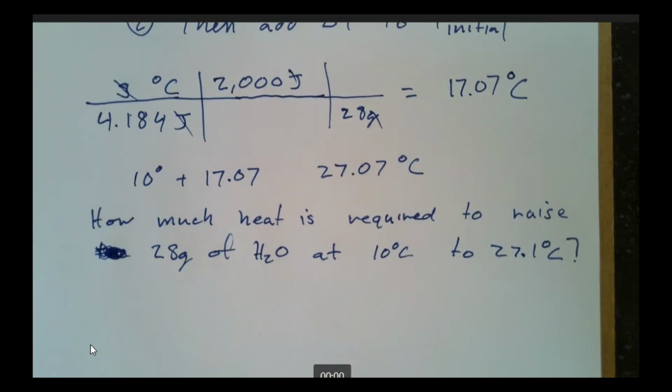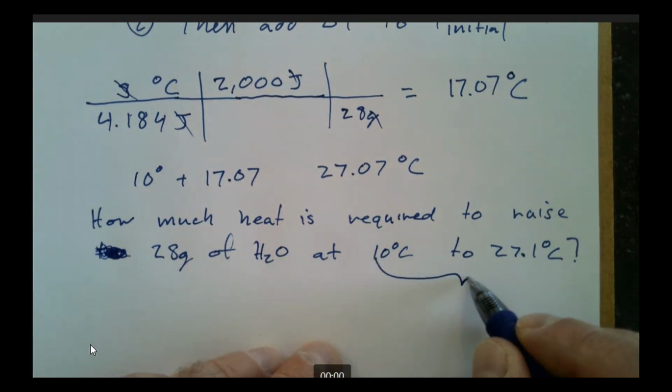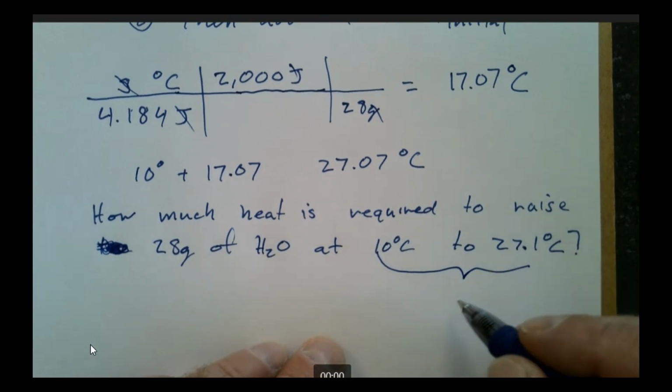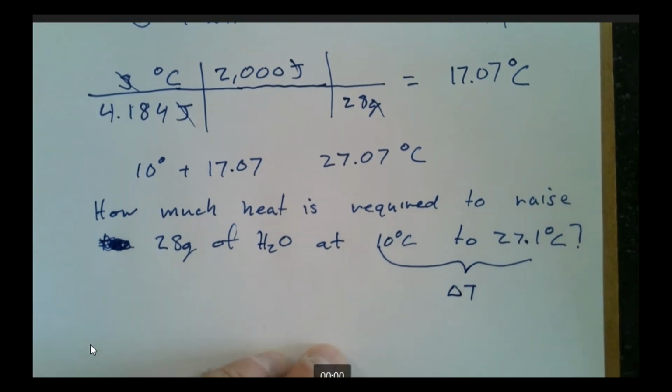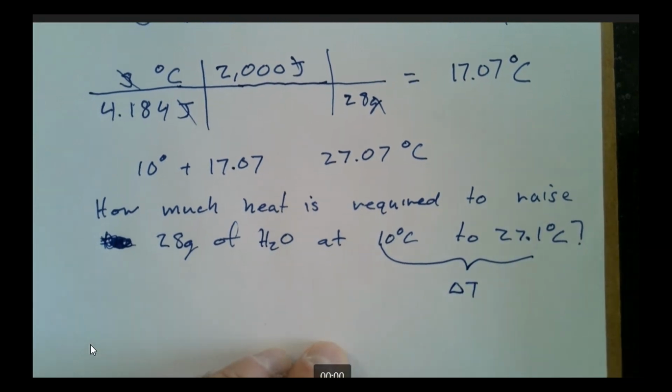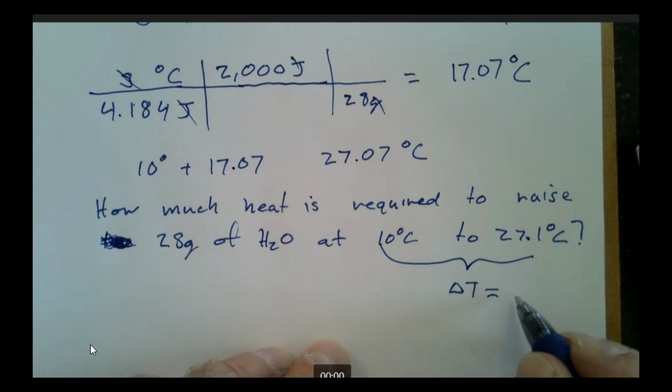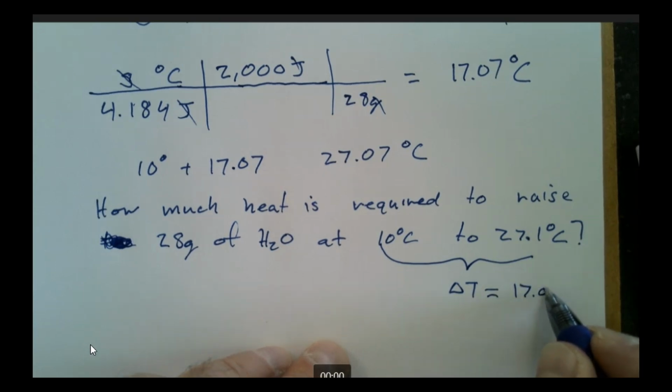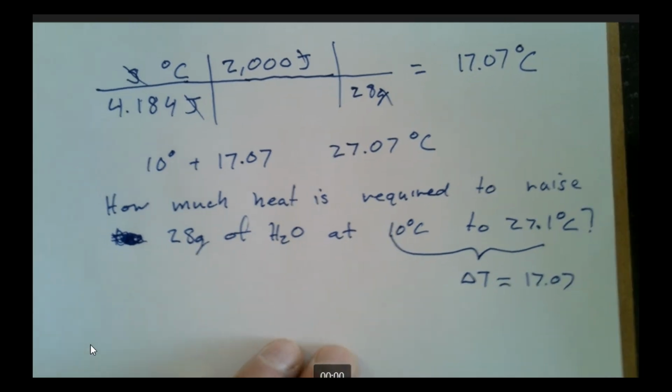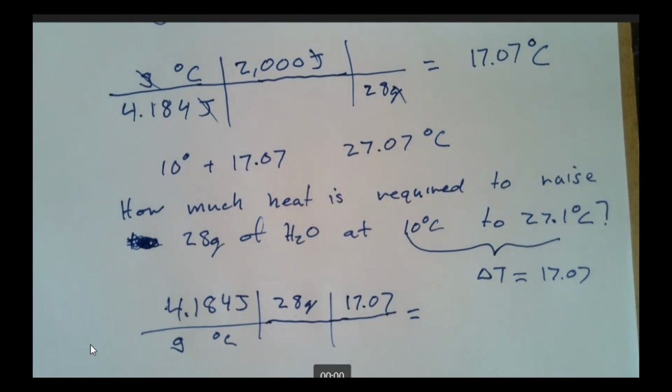This gives 27.1, and probably look at this and figure out delta T is 27 minus 10, and we get our 17.07 there.